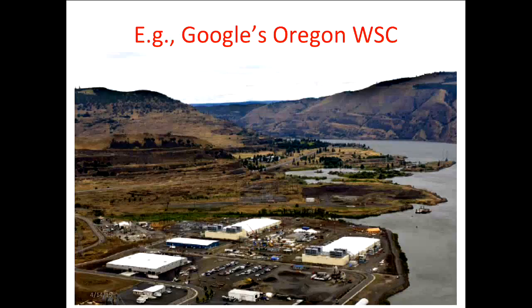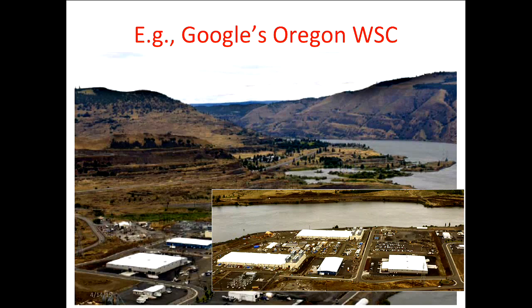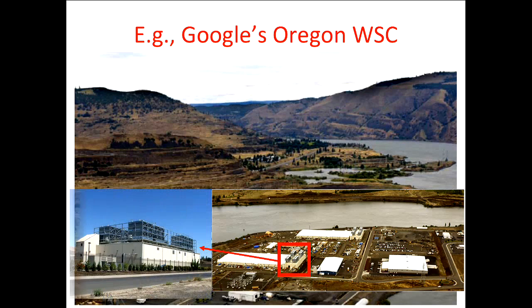You notice that this is quite isolated, right? Let's zoom in. Still we only see some buildings. Let's zoom in again. Then here you can see a building. It turns out that it's a computer. Believe me, this is a computer. You can see a huge cooling system here.